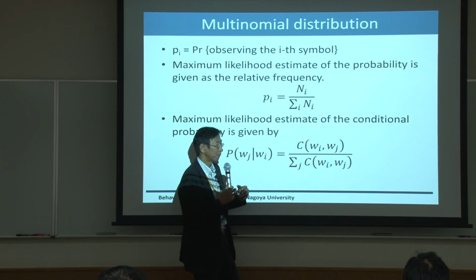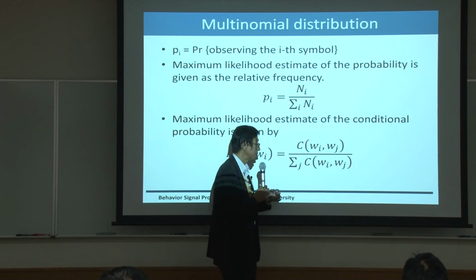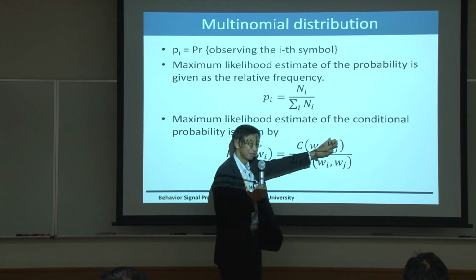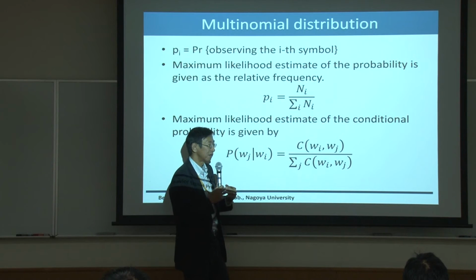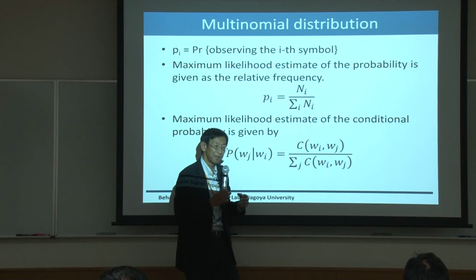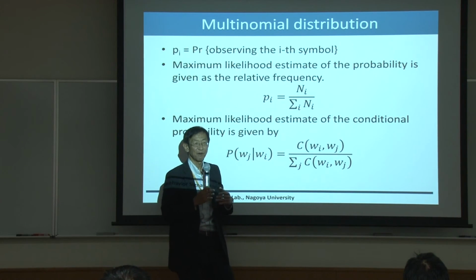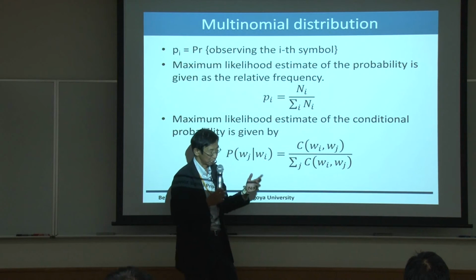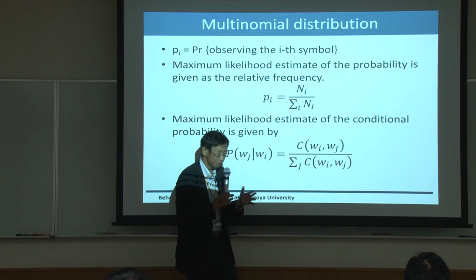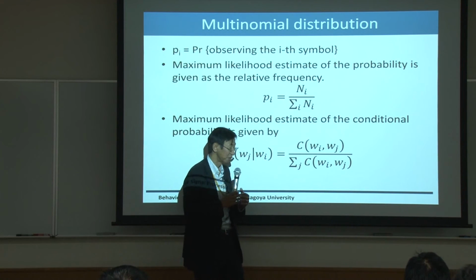Then you can calculate the number of occurrences of D. Suppose that you saw 10,000 occurrences.